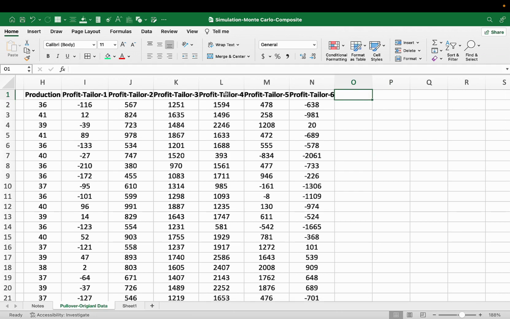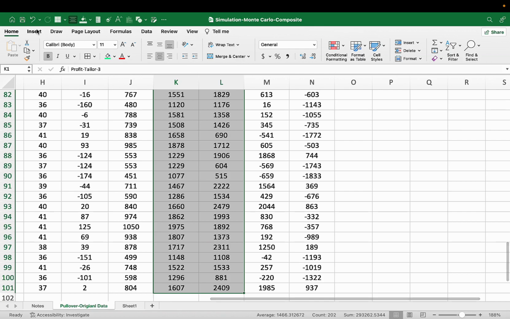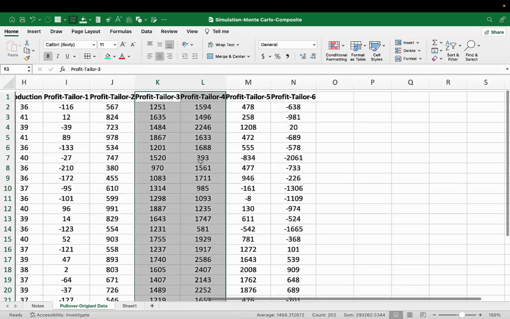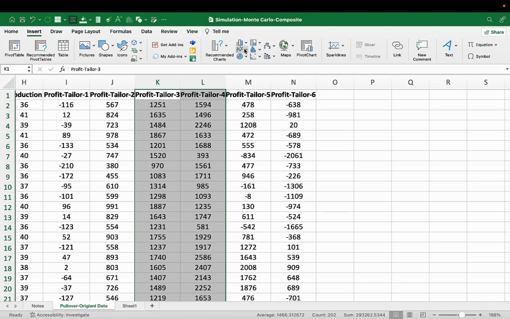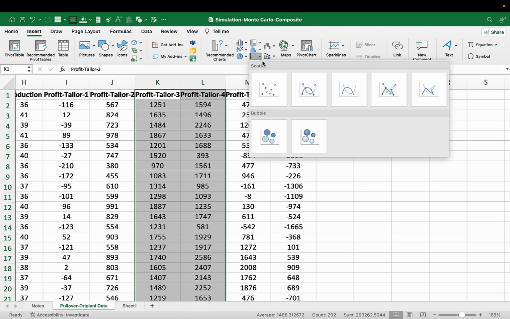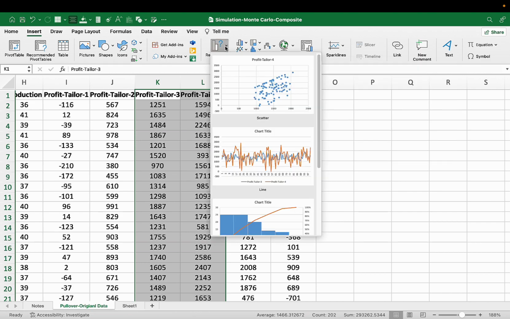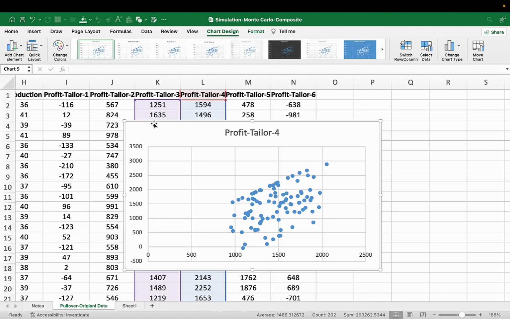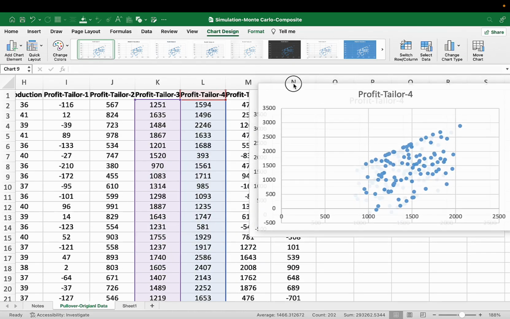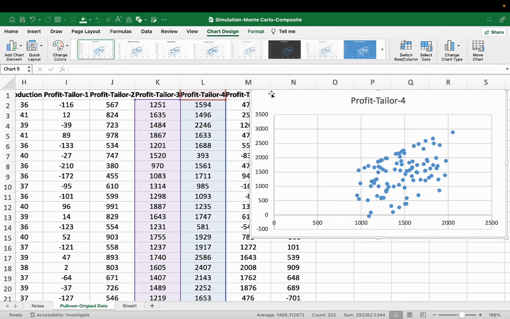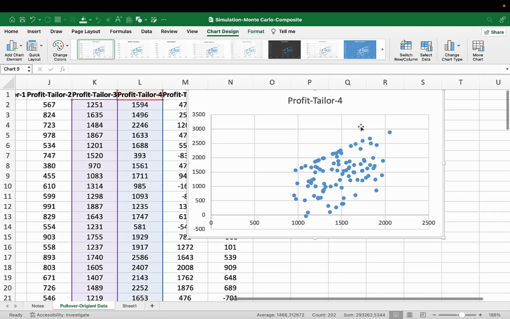Okay, I will select these two columns, and then go to Insert, and in Insert I will click on, let's say, scatter plot, and this is our scatter plot. And now you can see there are more data points here. Okay, now we need to refine it.